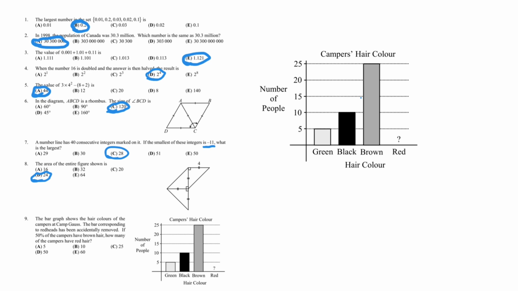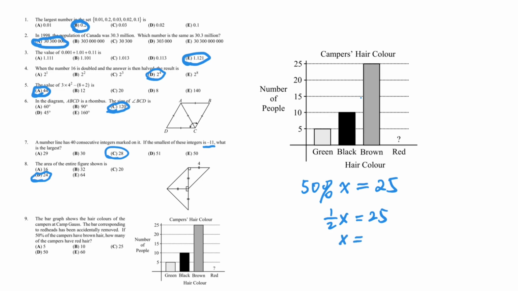So 50% of campers, we say the total number of people is X. So 50% of X is the brown color. Brown color has 25 people. So that means 1/2 X is 25.